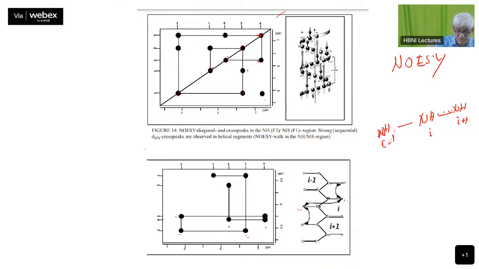Then you go horizontally here, you come to the sequential peak from 4 to 3, and this is the self peak of residue number 4. Then again you go horizontally, you come to the NH of residue number 5, and this is the sequential peak to number 4 and the self peak of number 5. So by this way, you can walk along the polypeptide chain, sequentially connecting the NOEs, which appear in pairs.